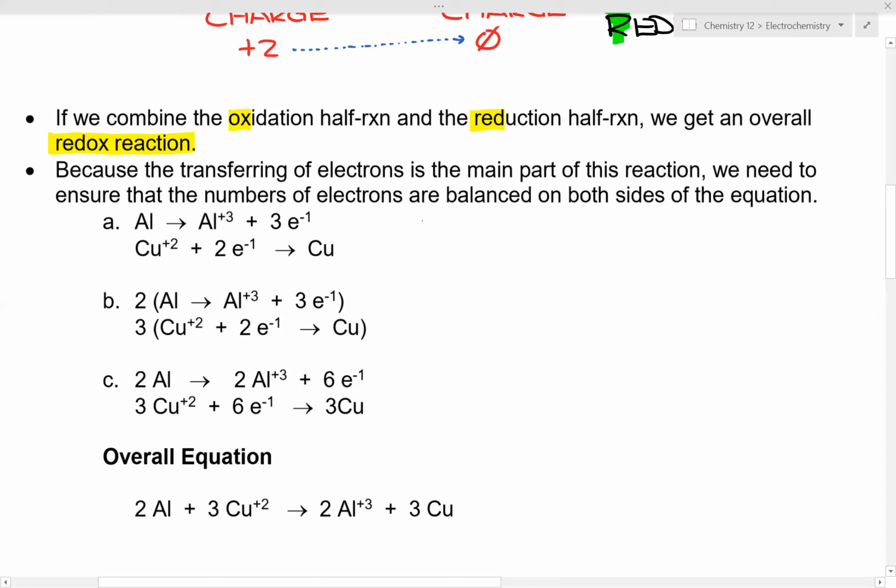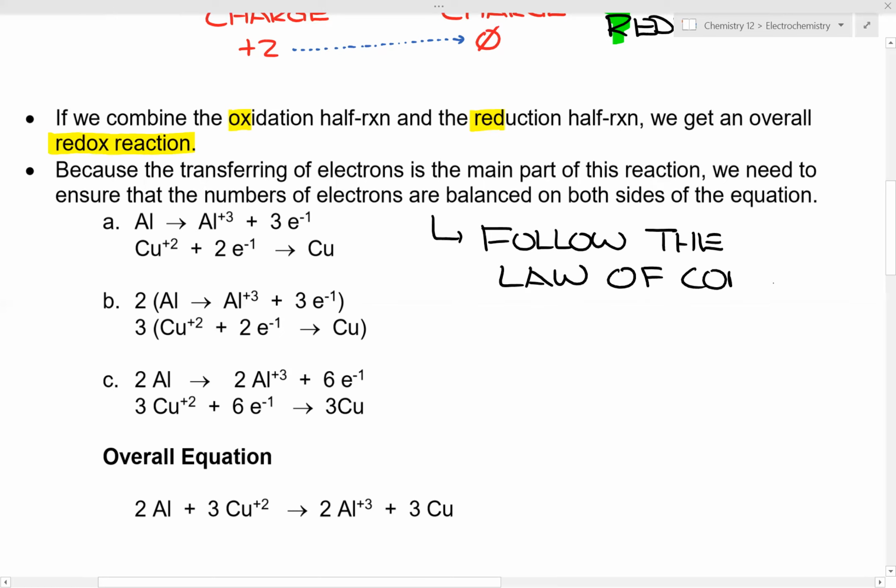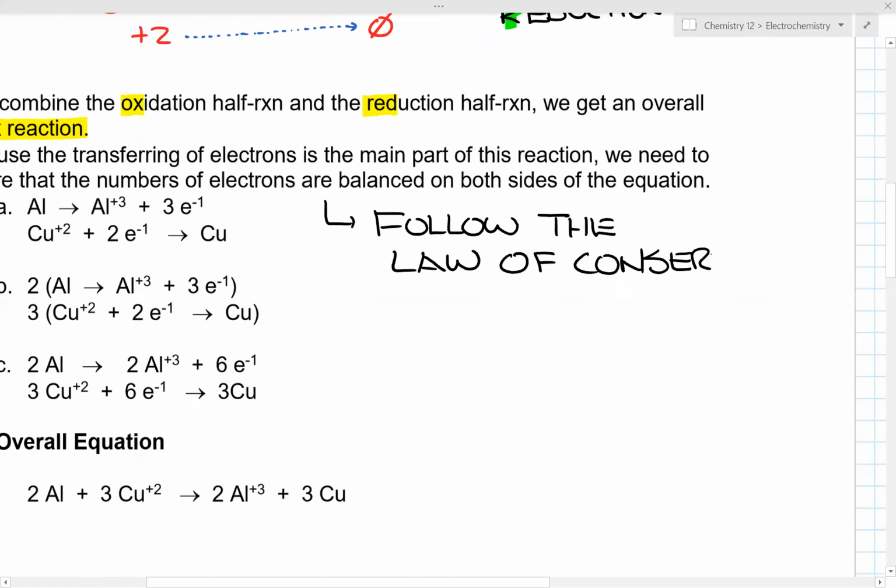In this case, you need to follow the law of conservation of energy.